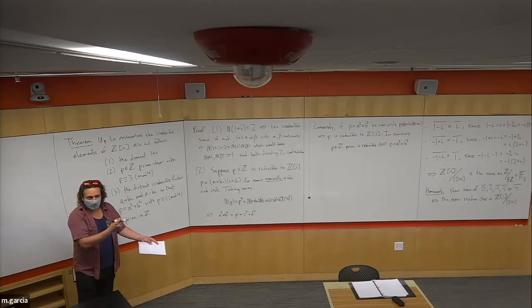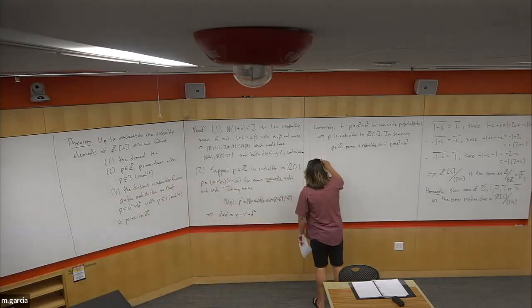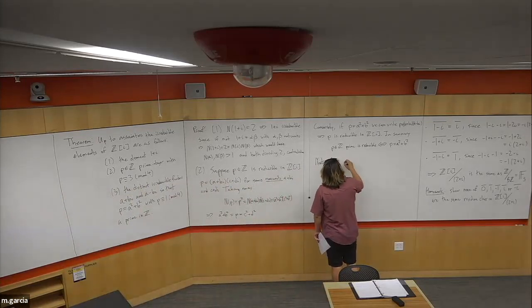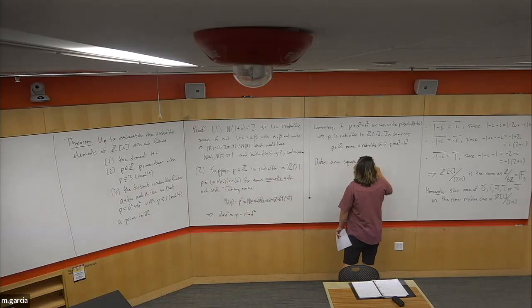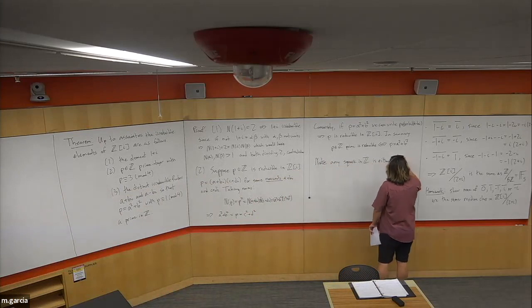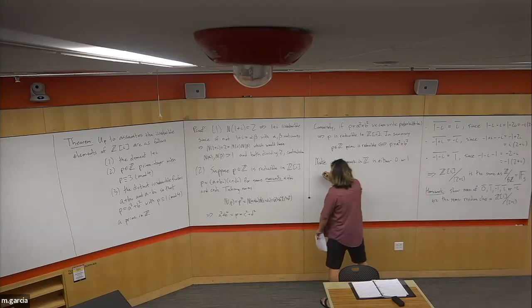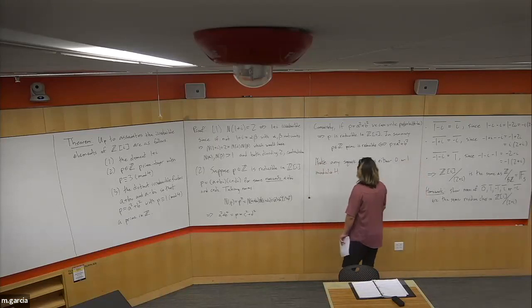Right? Note any square in Z is either 0 or 1 modulo 4.